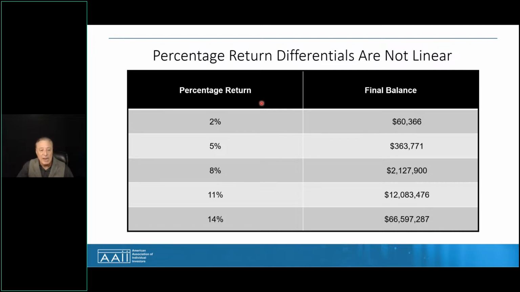But we can see now the same 3% difference, from, we'll say, 11 to 14%, nets you an additional $54 million with the parameters of the example with Shane. This reinforces the case for either becoming a trader or for higher small cap equity portfolio weightings if you have a longer time horizon and your situation supports it.